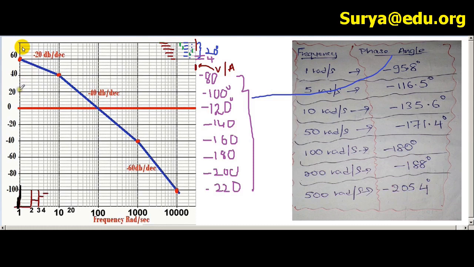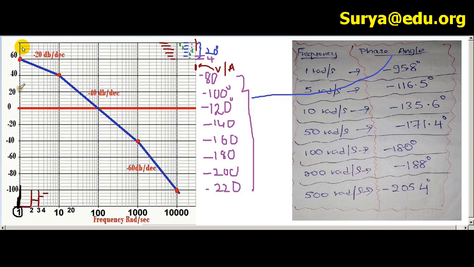So you can consider this point as minus 95.8. So again I will tell, this is 80, 84, 88, 92 and 96, right? So this point can be considered as minus 95.8. So the respective frequency is 1 radians per second and the respective phase angle is minus 95.8. So this coordinate is done. Okay, this is that coordinate.